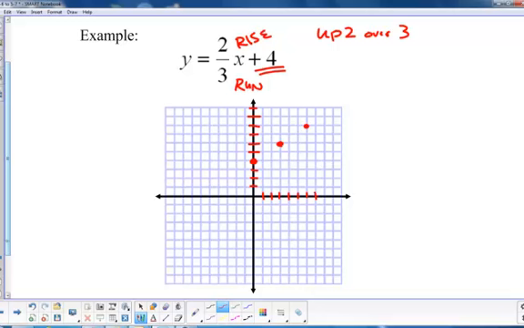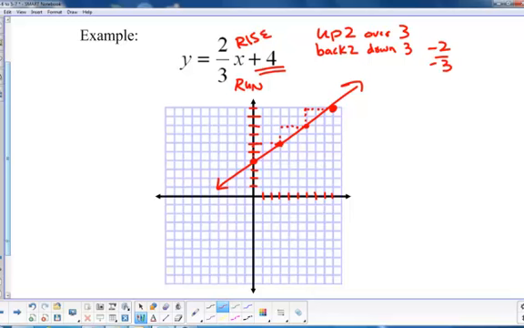Up 2 over 3. Now, when we have linear equations, we only need 2 dots. But if you started with this last point, up 2 over 3 is the same exact thing as back to down 3, because a negative over a negative is a positive. So you could also go back to down 3, and you could continue that pattern so that you connect your dots for your line.